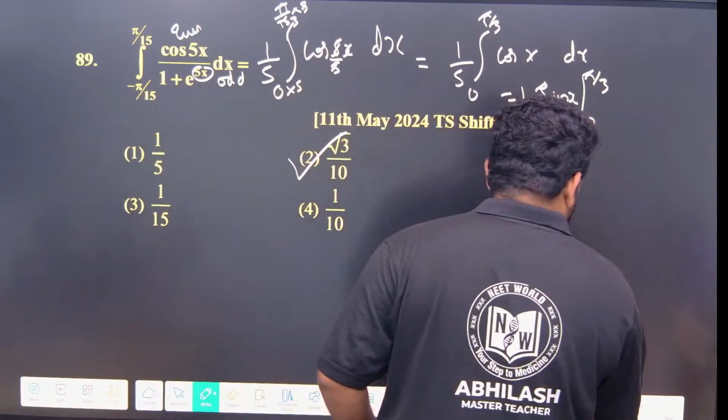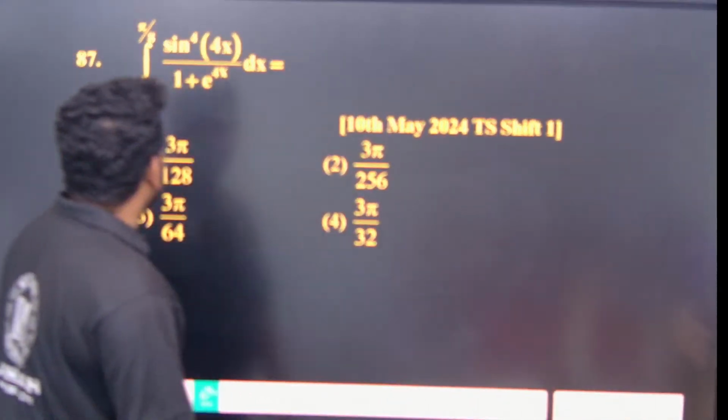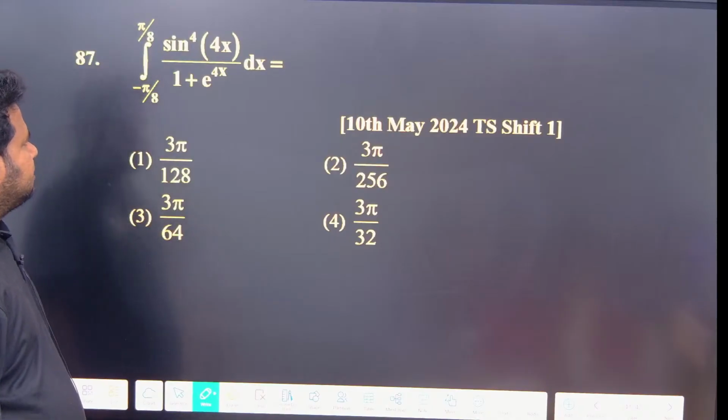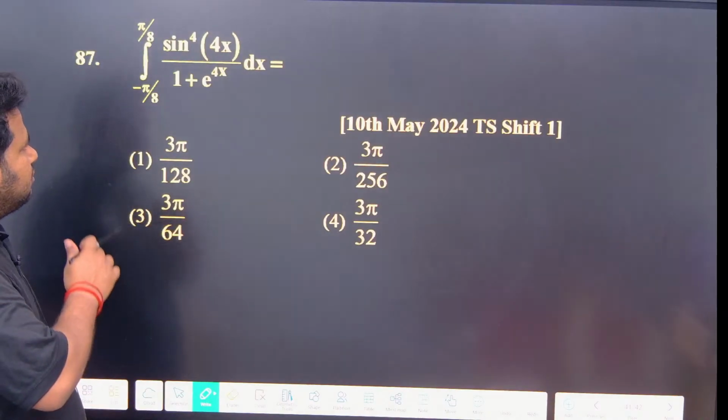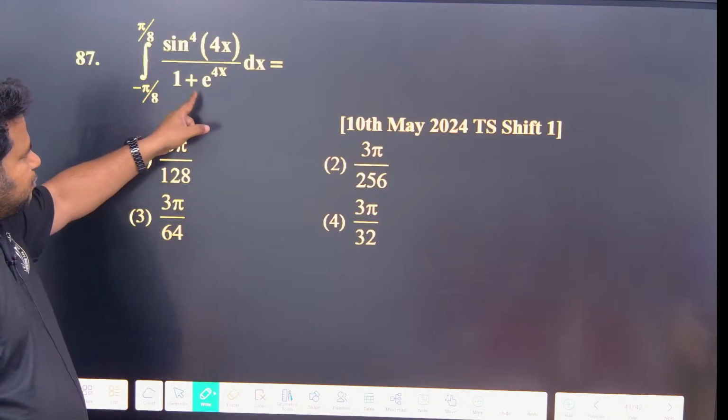Now, if we talk about the previous question, see here, minus pi by 8 to pi by 8, sin power 4 of 4x divided by 1 plus e power 4x.